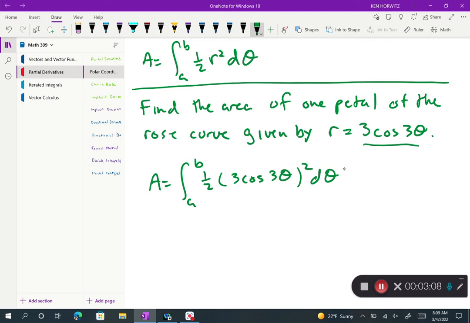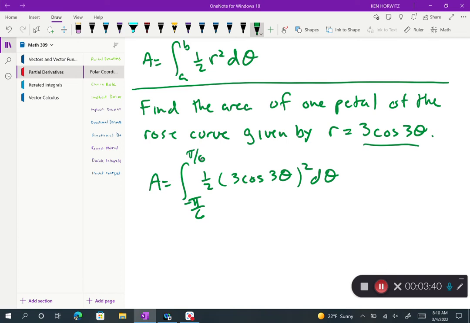Now, other people may know better ways of getting this. I think the best way to get this is to sketch a quick graph of 3 cosine 3 theta. Now, obviously, you need some graphing skills, but if you graph it, you will realize that one of the petals starts at negative pi over 6 and ends at pi over 6.